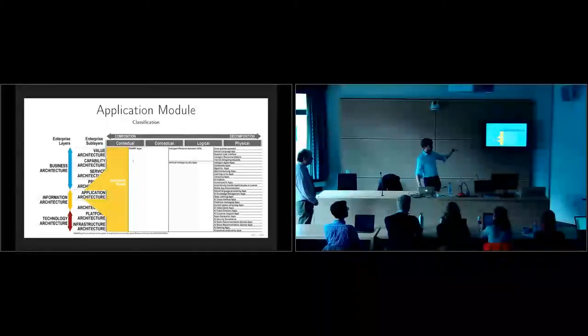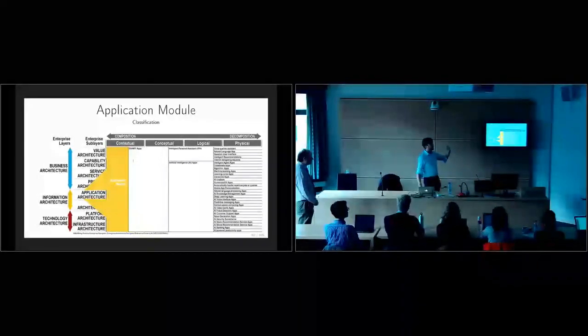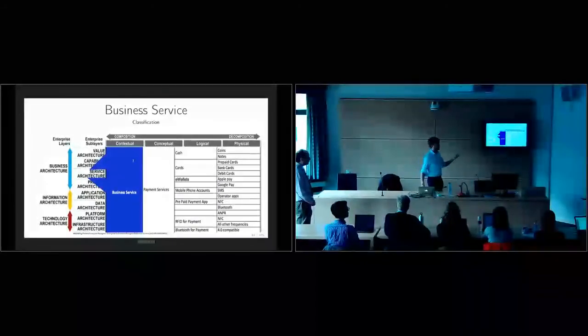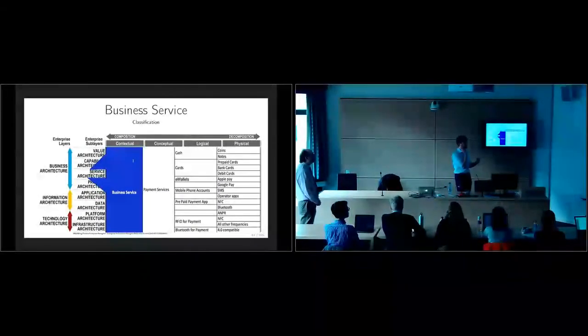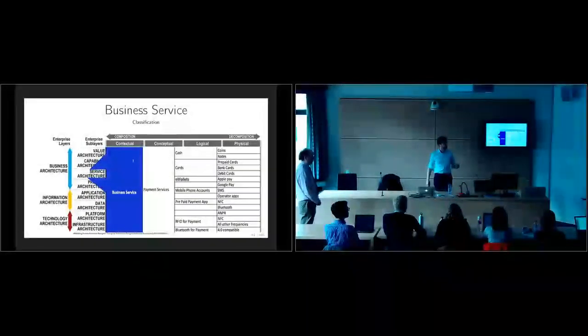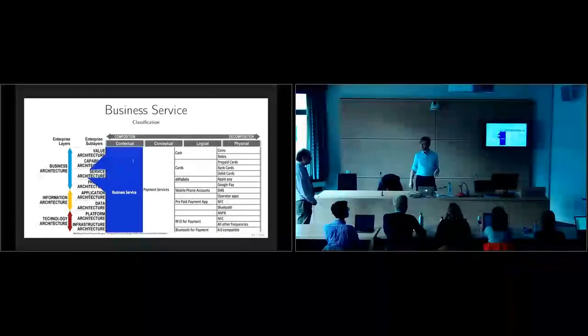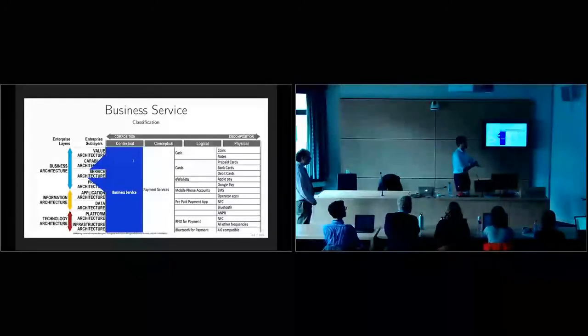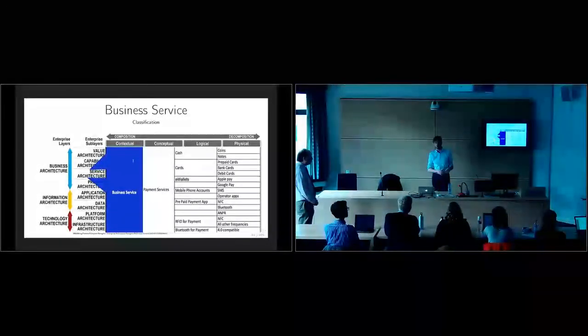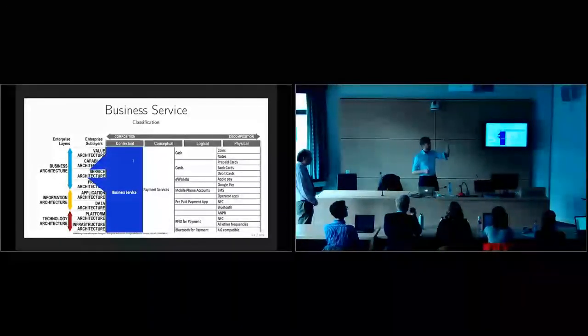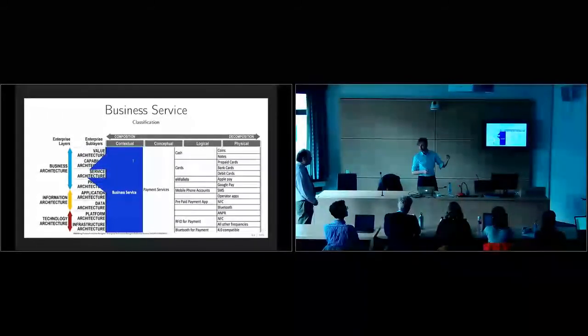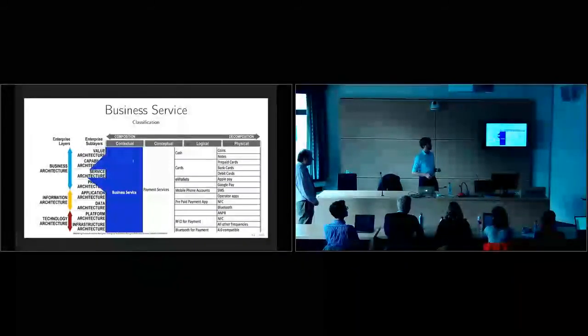So this is reference content that is available in the community, and then if you say, okay, I want to implement a payment service, then you don't need to have a meeting with dozens of suppliers that tell you what types exist. You can just pick the reference content and say, okay, this is what I want. I don't want this one. I do want the other one.